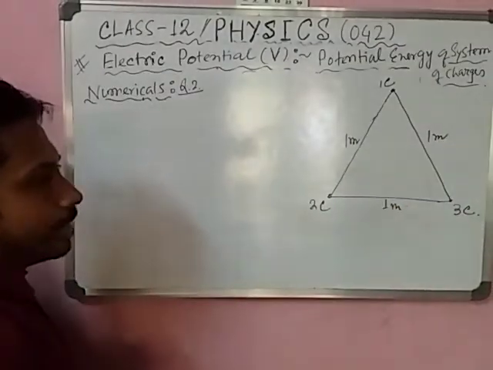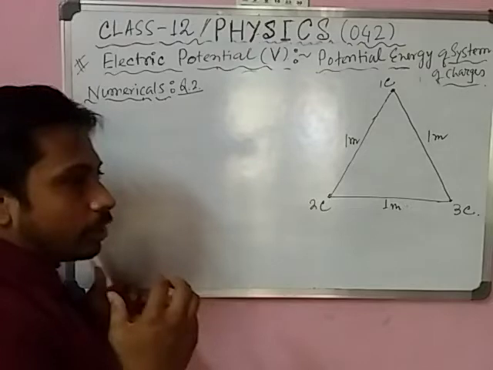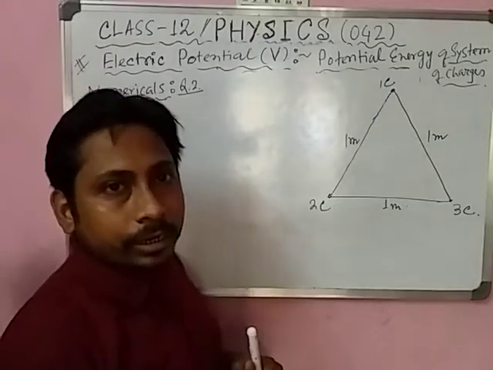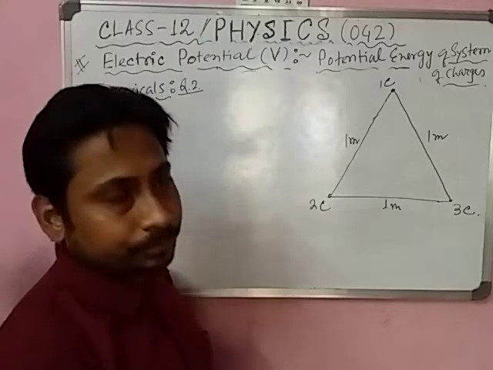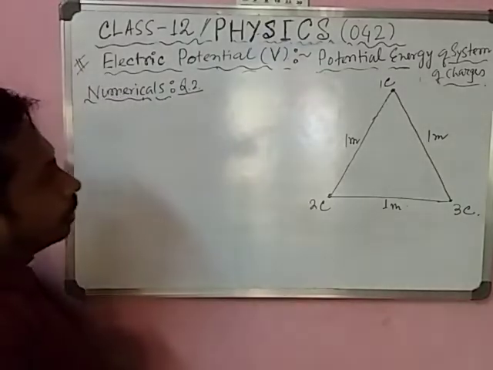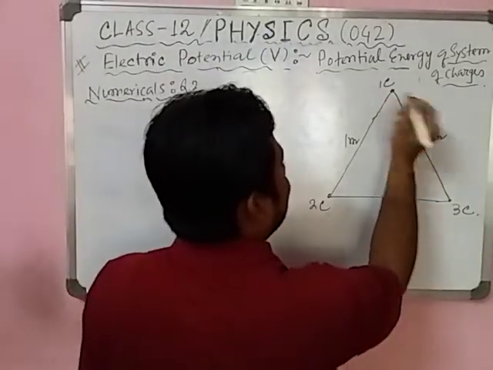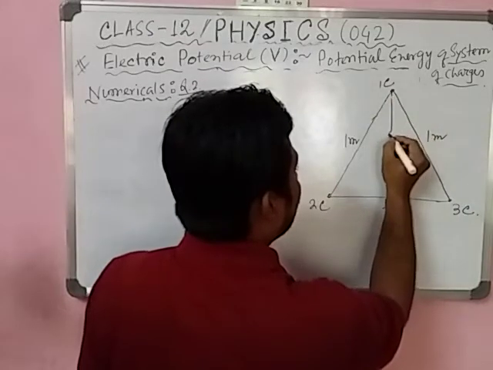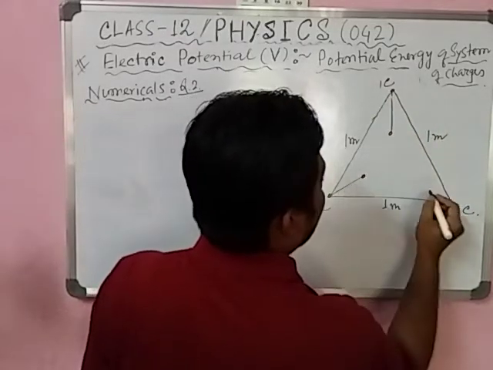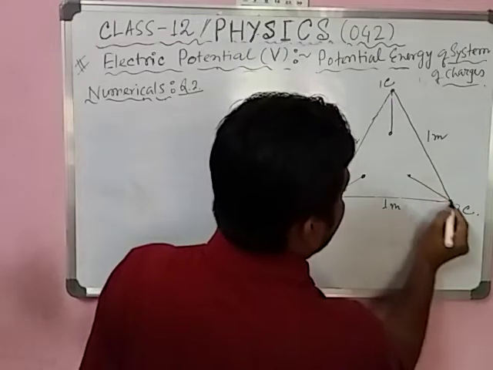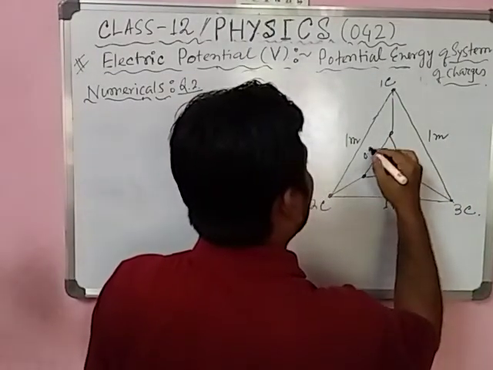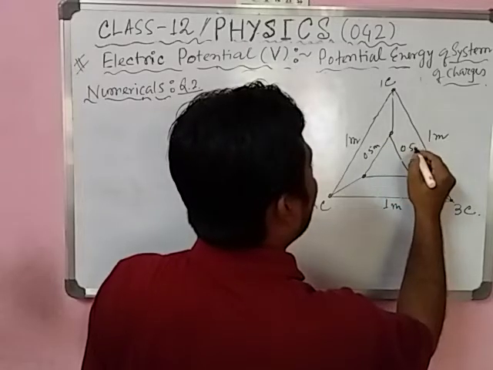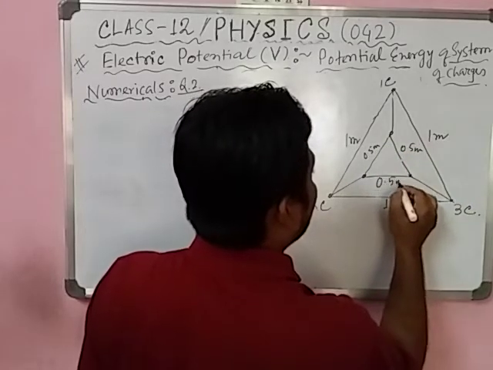Now you have to find out the work done required or the loss of energy, if the charges move to a smaller equilateral triangle of side 0.5 meter, means half of 1. Okay.